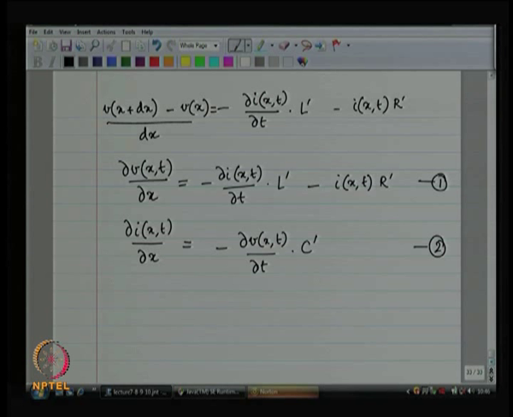So, these are going to be the pair of partial differential equations that we have to worry about. There would have been a fourth term over here, which would look very similar. But of course, I am assuming G prime is 0, does not matter, you can let it be there in the set of equations.